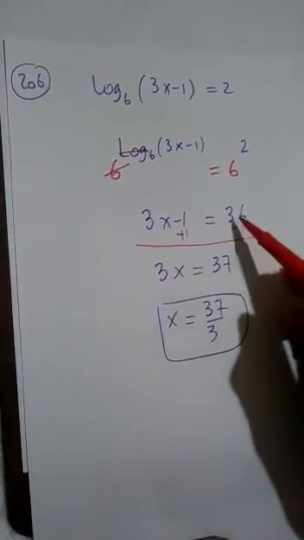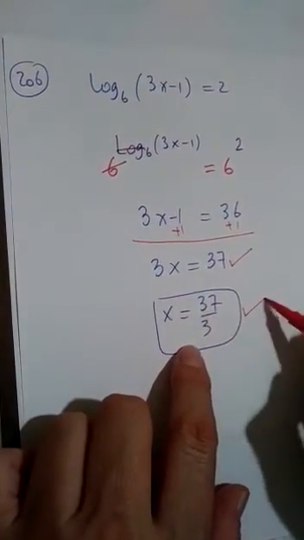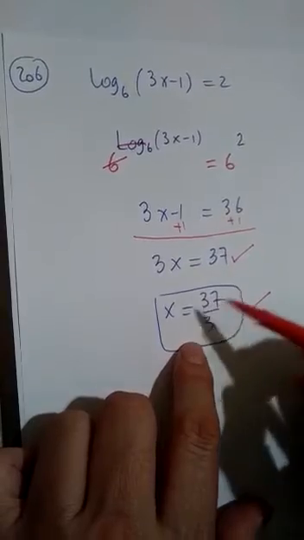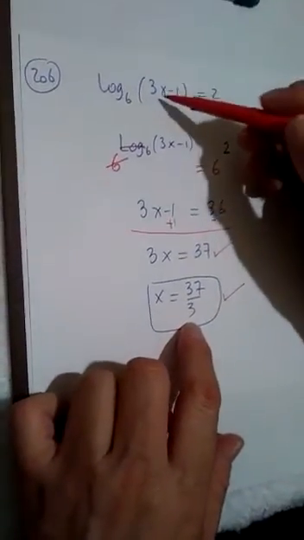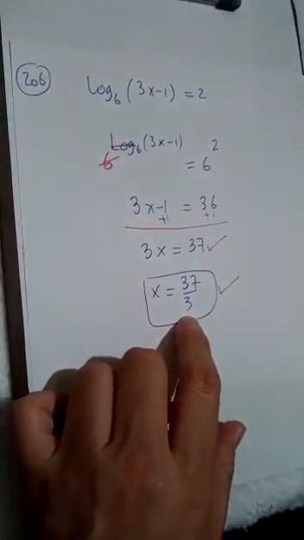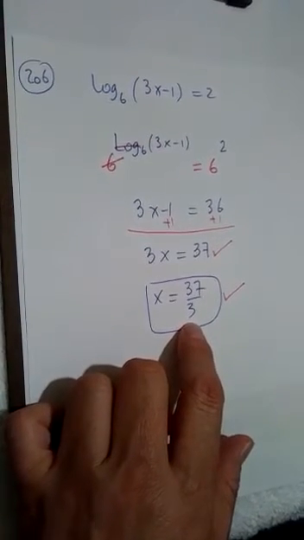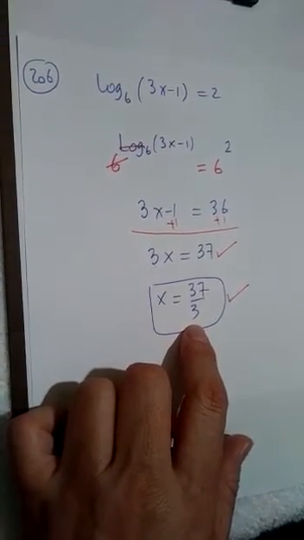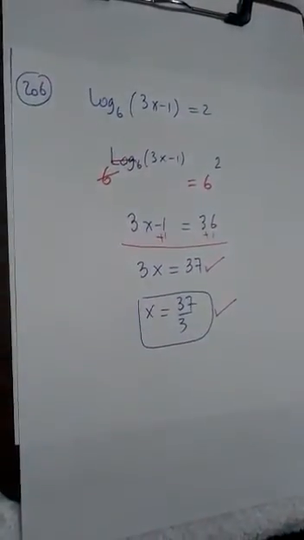So 3x equals 36 plus 1, which is 37. So x equals 37 over 3. It's okay. The answer does not have to be a whole number. It's a fraction. If you put 37 over 3 here, it will give you a positive number inside these parentheses. So it's okay. There is no issue of domain for this one. So make sure you always check to make sure when you start with logarithm equations.